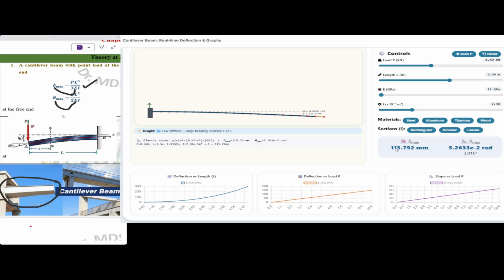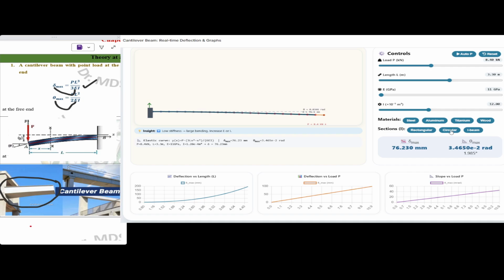Circular now, see, it has changed, decreased. Earlier for rectangle it was 136, for circular 115, decreased now. For rectangular the slope was 6.2, circular 5.2, decreased. If I compare circular and I section, circular is 115, I is 76, decreased.